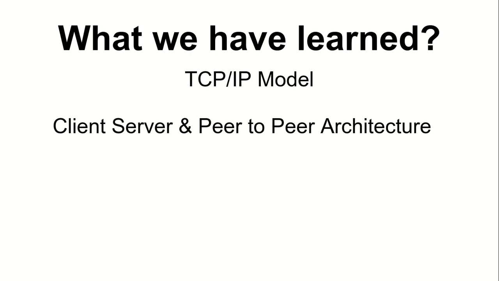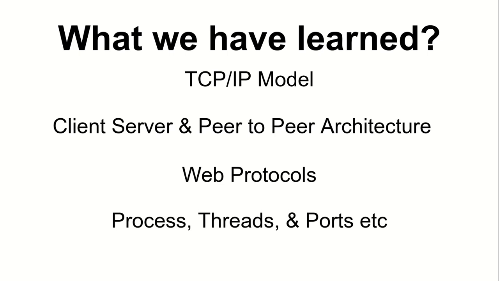After that, I discussed what the web protocols are and the different types of protocols that are used to communicate with each other. And after that, processes, threads and ports were discussed, the things that help to communicate with each other. So these are some of the things that we have learned today.